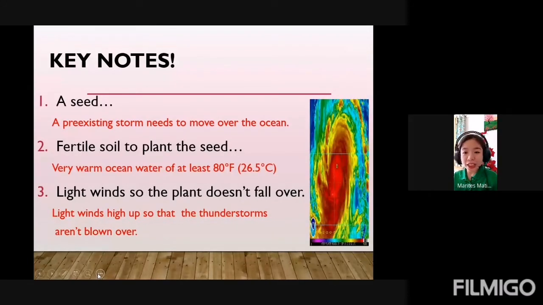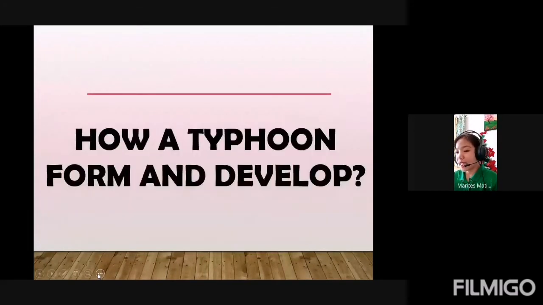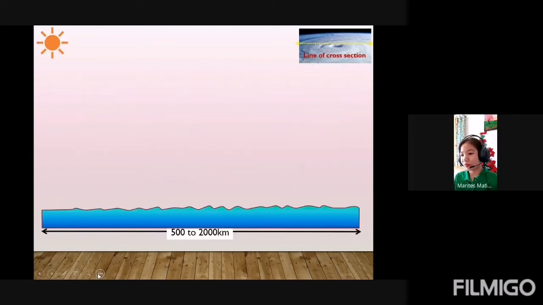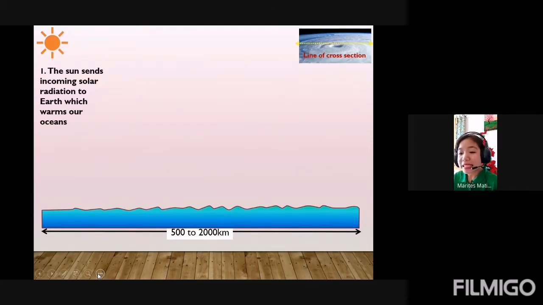Okay, so those are the things that we need to bear in our minds. So, after all the requirements, so I have given you all the requirements for a typhoon to form. Eto na naman tayo. Okay, paano ba nagsisimula na yung typhoon kapag andyan na lahat yung ingredients natin? Okay. First, the sun sends, take note of that, incoming solar radiation to Earth, which warms our oceans.